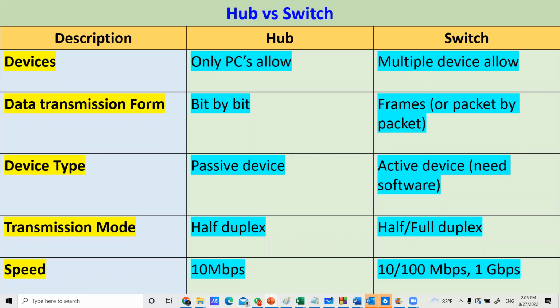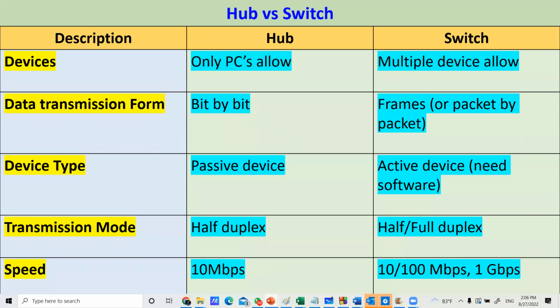That means normal computers. But with switches, they allow multiple devices. That means other than computers, they are able to connect smartphones, tabs, personal assistants, printers, and any other devices with the network if you are using a switch.